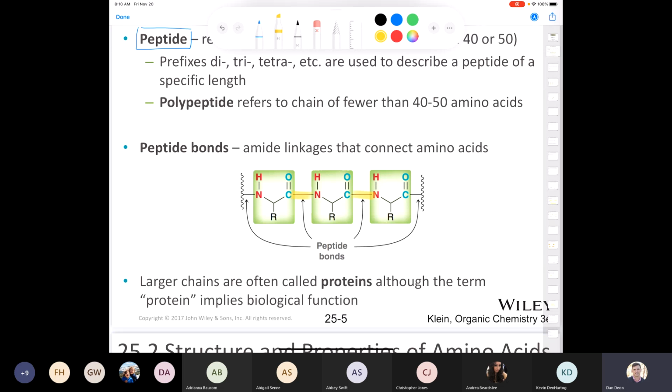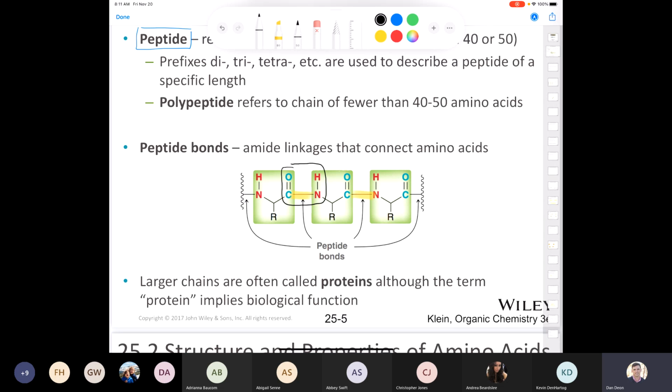You see that I have 3 pieces of amino acids, 1, 2, 3 here colored in green. Well, you can see that they're connected by those bonds that I have highlighted in yellow. Those are amide bonds, aren't they? Absolutely. You can see that I have my carbonyl and my nitrogen attached to it. But in protein chemistry or amino acid chemistry, we simply call those peptide bonds.